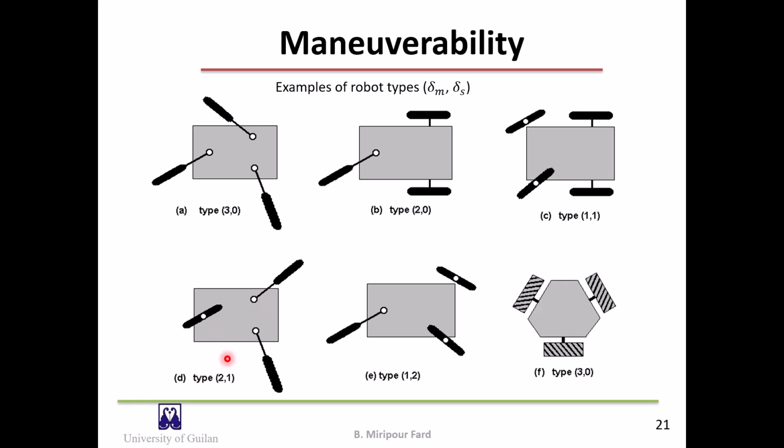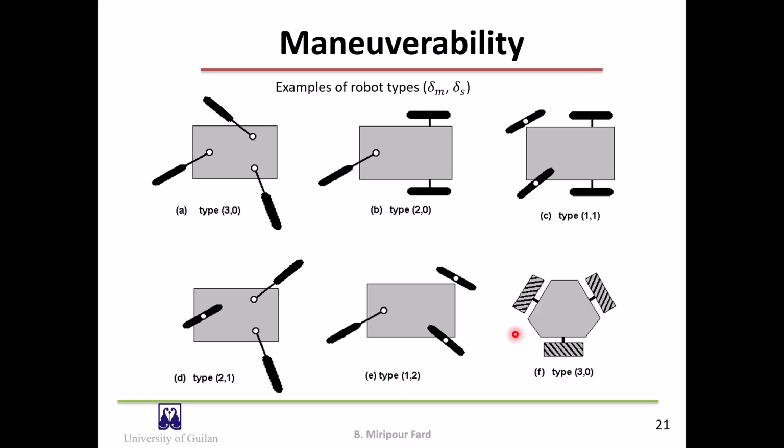In figure D, we have just one centered orientable wheel, so the delta S is 1, and there is just one constraint on sideway motion, so the degree of mobility is 2. And in figure E, we have two mutually independent centered orientable wheels, so the delta S is 2, and the degree of mobility is also 1.